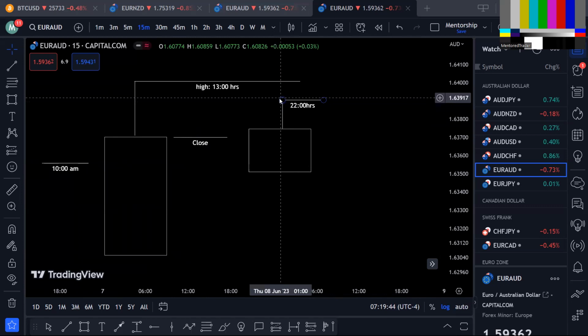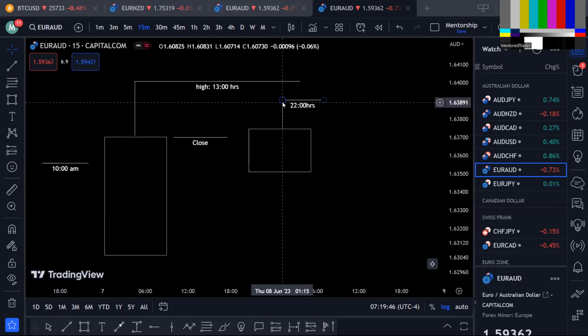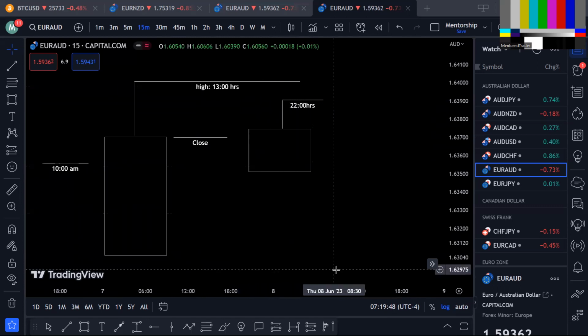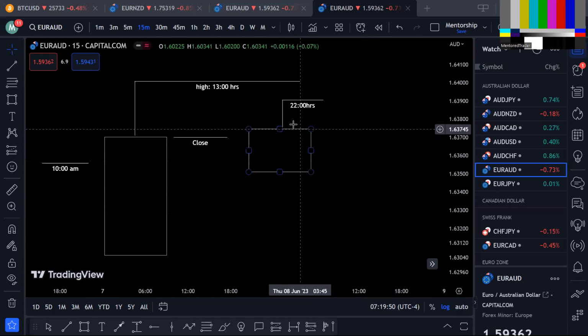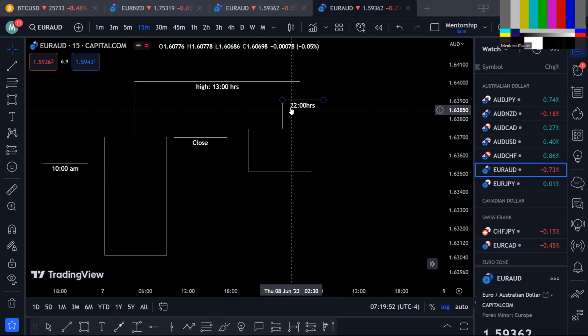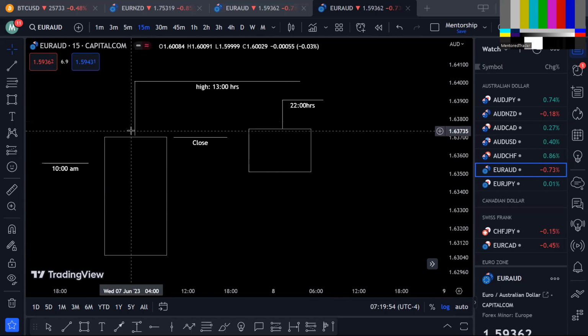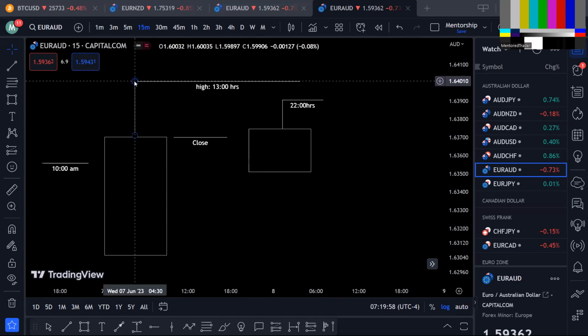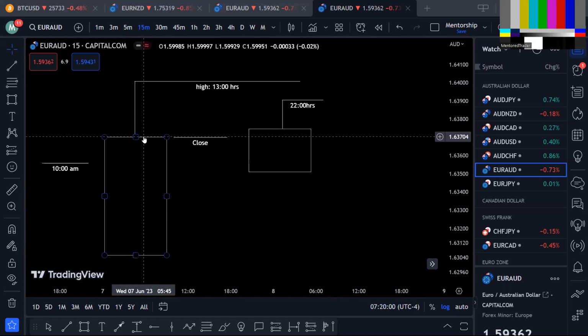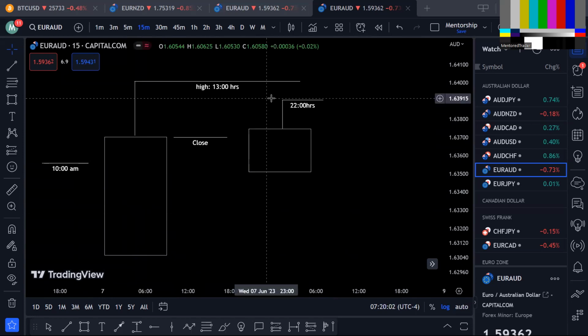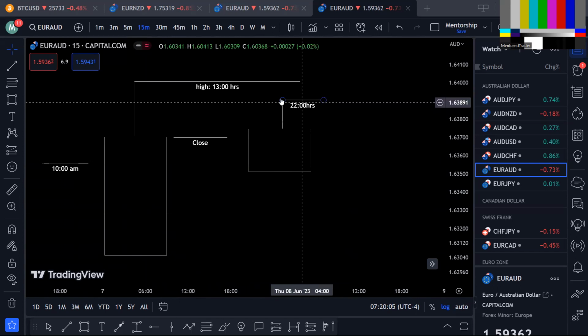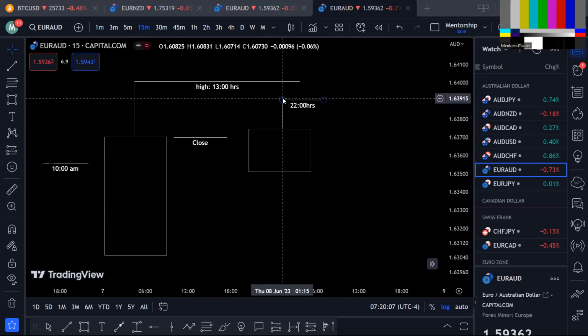Now this is the valid Asian range high. If it was bullish, then that is the valid Asian range low. So between the previous day's high and the close, remember, I want to see the Asian high or 2200 hours give us a retracement.